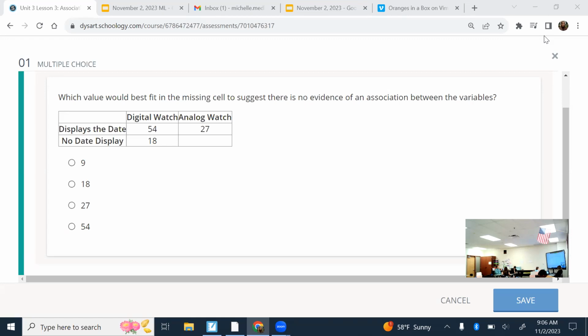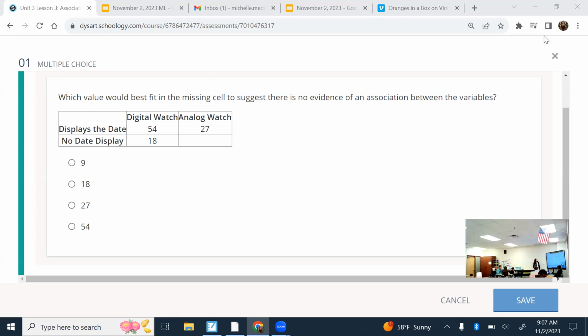From lesson 3, which value would best fit in the missing cell to suggest there is no evidence of association between the variables? So association, also known as correlation or relationships, would be like as one variable increases, so does the other, and vice versa. Like if one decreases, maybe the other one decreases, something like that.